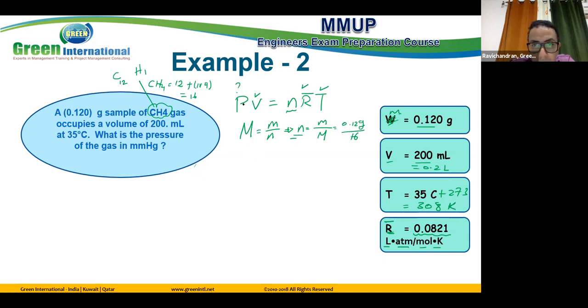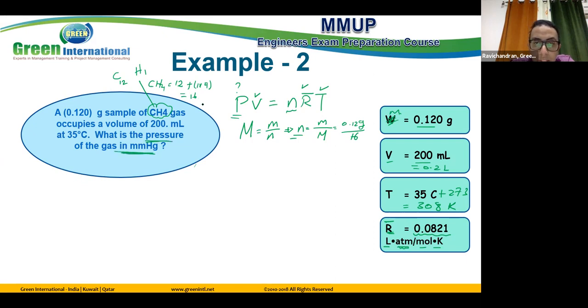Every parameter here, P, n, R, and T, we have. T must be in Kelvin. Volume, we write as liter as it is, because here I bring the value of R with the unit of liter, so it's accepted. But check the unit you get for pressure here: atmosphere. So at the end, you get the pressure in atmosphere, but the request here is pressure in millimeter mercury.